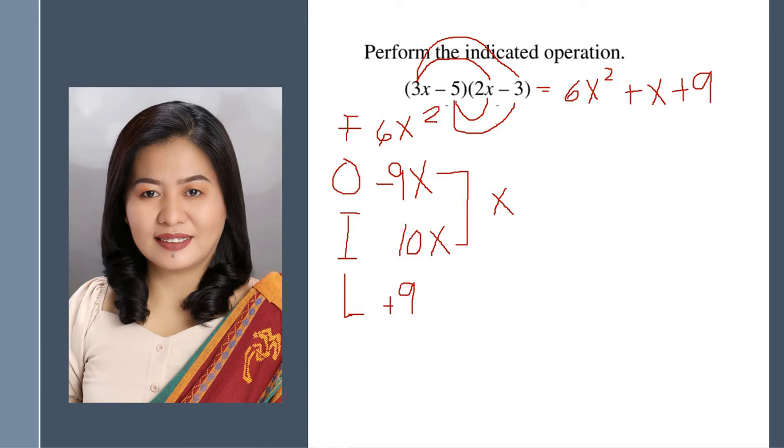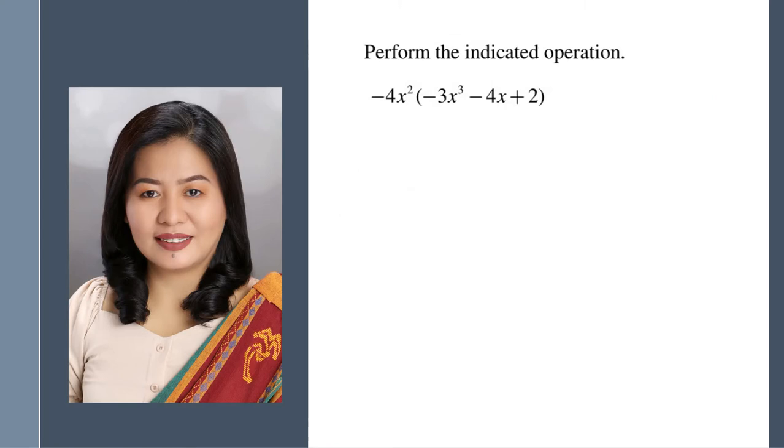Moving on to our third number. So this time we have a binomial times a trinomial. So all we need to do is simply distribute or multiply the monomial to each term in the trinomial. So that will give us negative 4 times negative 3, that gives us a positive 12, and x.